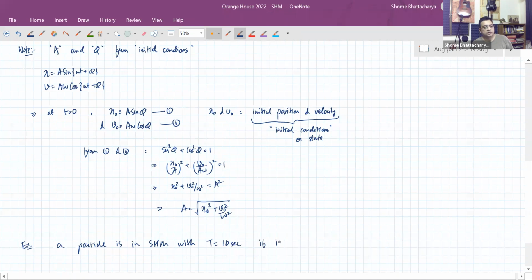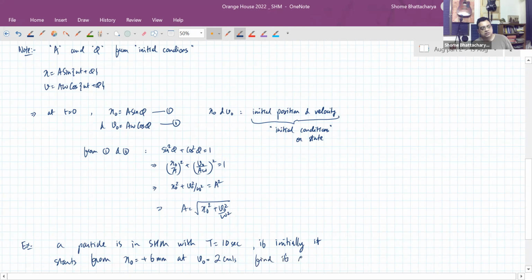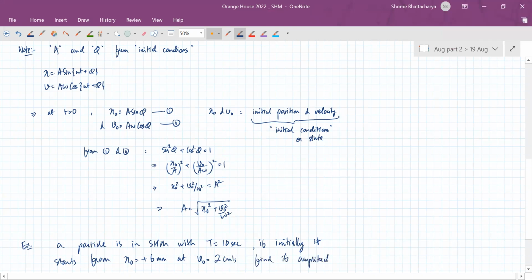If initially it starts from, find its amplitude.